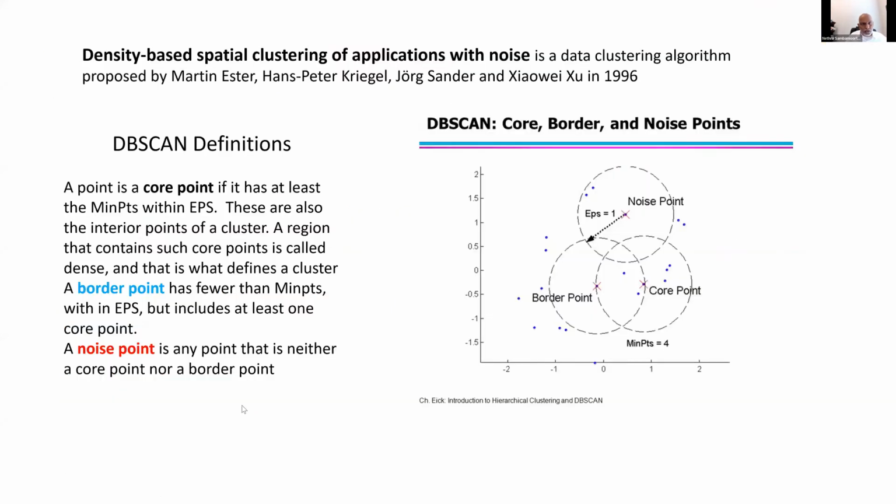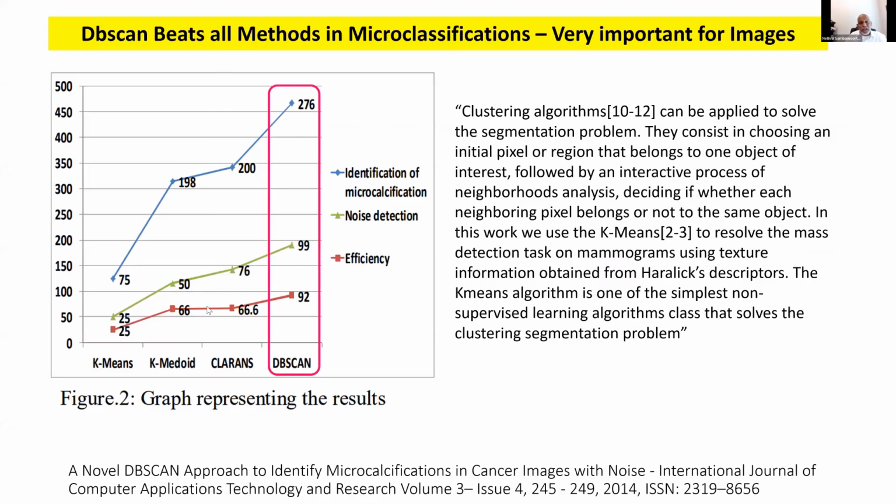DBSCAN. This is the graph, and at the bottom I have the reference about the cancer research. It can identify micro calcification easily, but if you use k-means, k-medoid, CLARANS, which are all variations of this method, the usual traditional, classic methods, it won't do as well as what DBSCAN does.